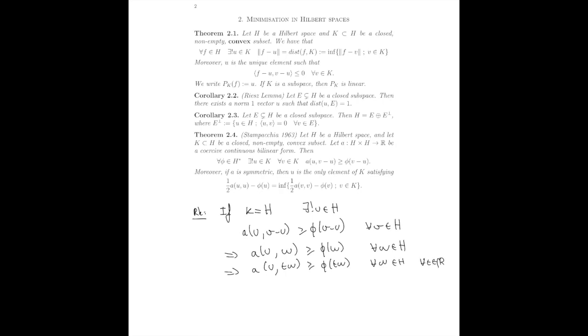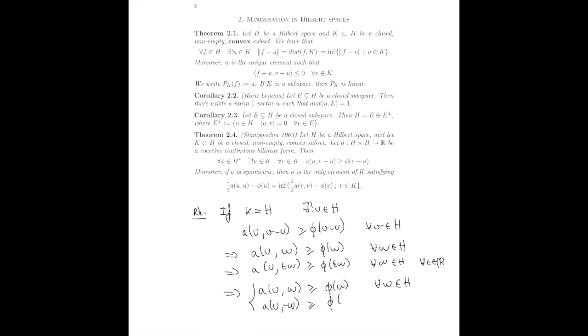So this is similar to what we've seen in the proof of the corollary a minute ago. Once you have inequalities like that over an entire subspace, and you can multiply by -1, then you also get the inequality in the other direction. So you get that A(U, omega) is greater than or equal to phi(omega). I keep switching between omega and W because I've written them the same way, it seems. So I get that, and I get the same thing with a minus sign.